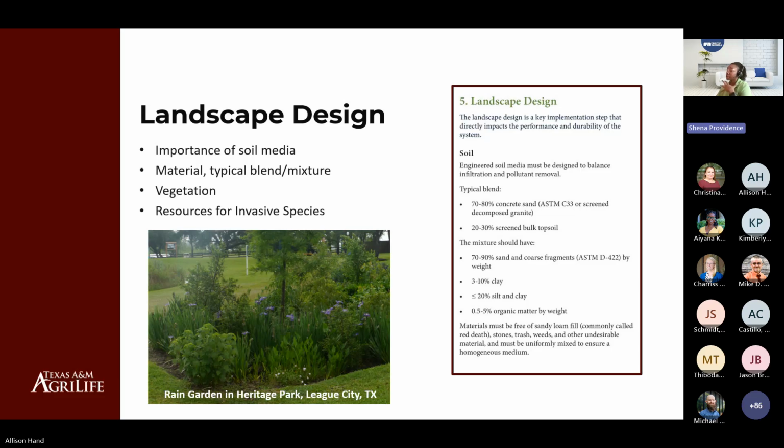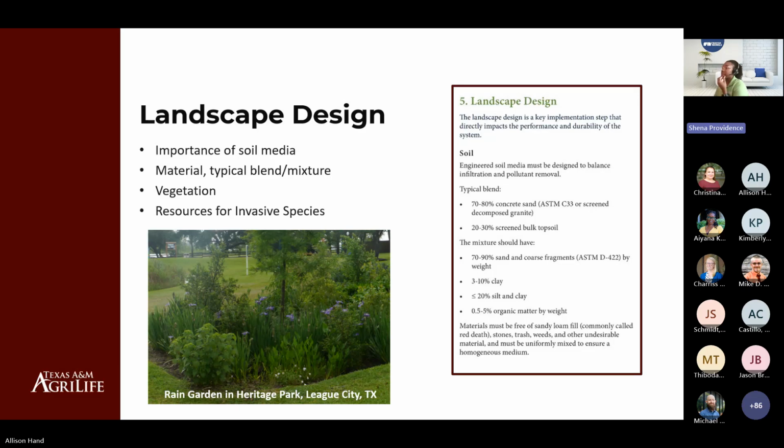And so after we understand the system sizing, the next step is landscape design. You really want to carefully consider the soil and vegetation because they directly impact performance and the durability of a system, since soil media is typically the primary treatment mechanism within these vegetated green infrastructure systems.